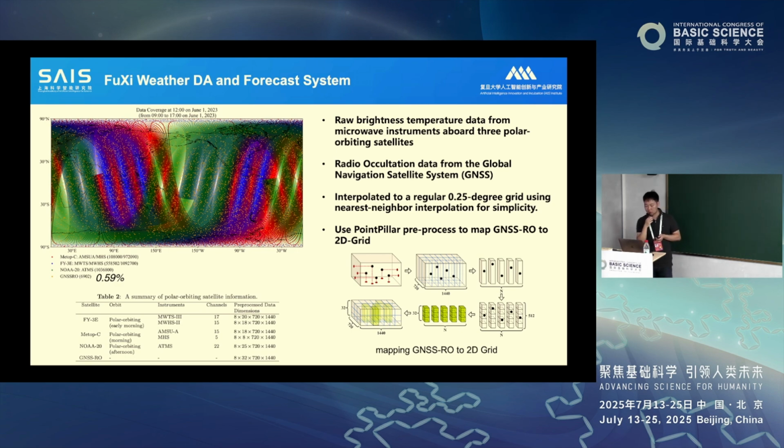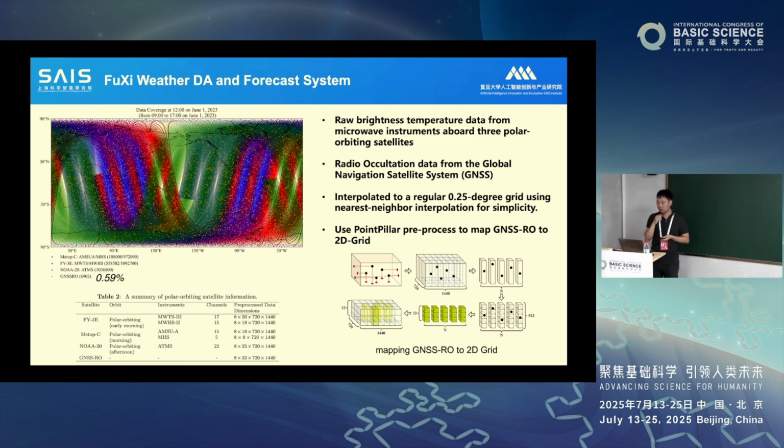Although the yellow dots look quite formidable, compared to the number of grid points we have globally, it is quite sparse, less than 0.03%, about 0.06%.